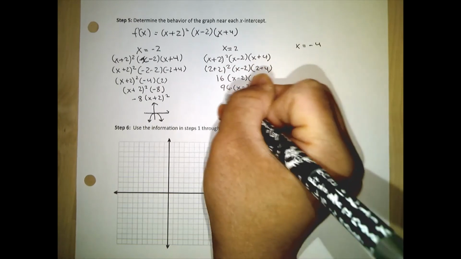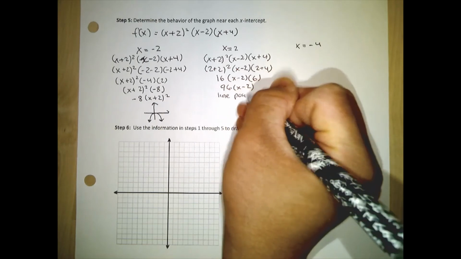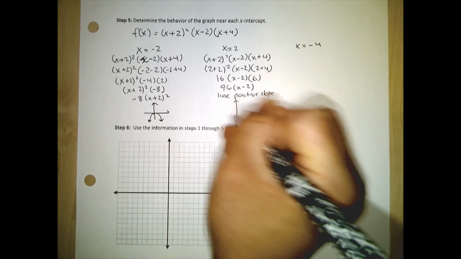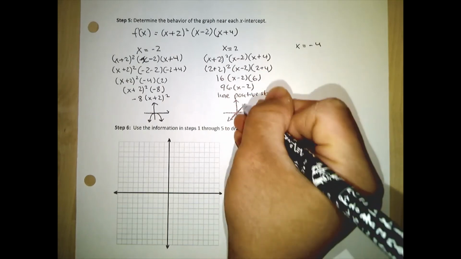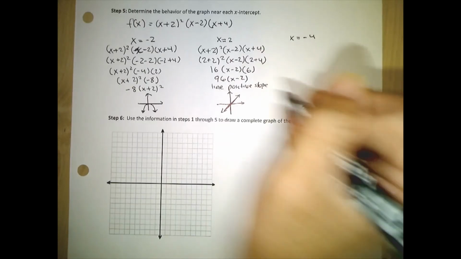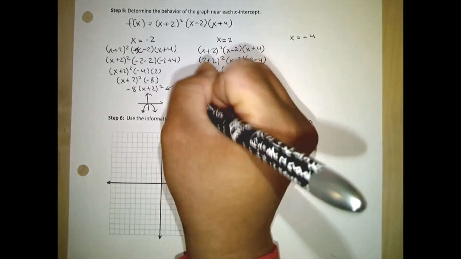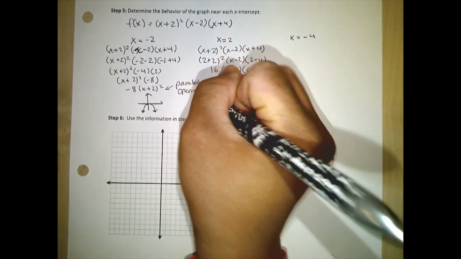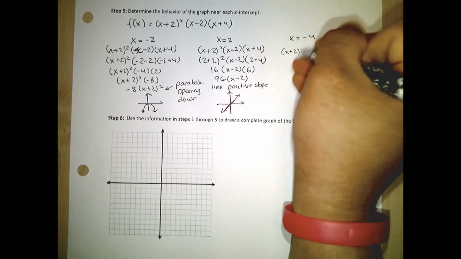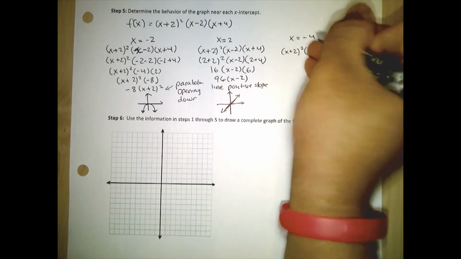And I know this is a line with a positive slope. So it will look something like this. I'm not going to say anything except that it's a line with positive slope, just like I said that this one is a parabola opening downward.